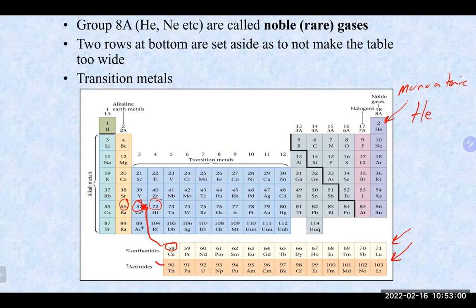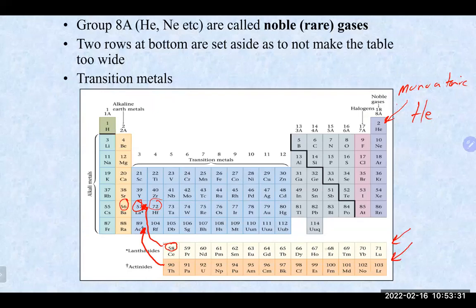This is 90 right there, which technically goes after that element. Those guys technically go there. They are called the lanthanides and actinides because those are the 2 elements that they should follow in the periodic table. But if they did that, the periodic table would take up more of the wall, right? It'd be really spread out. They only had 1 room in the old building on this campus where they did that, and the periodic table took up the entire wall because they slapped all those guys in the middle and everything was spread out. But they should go there.